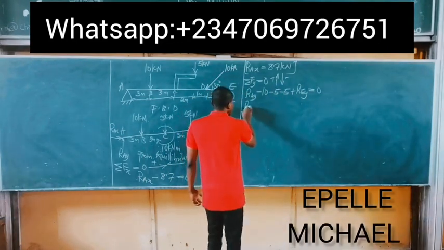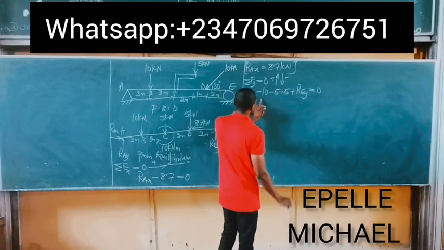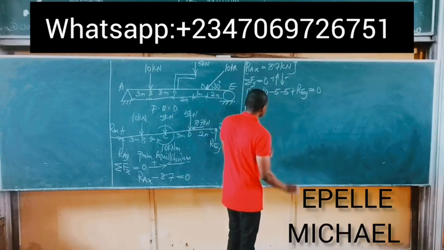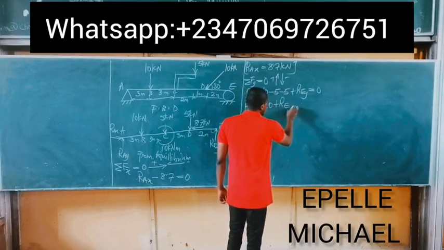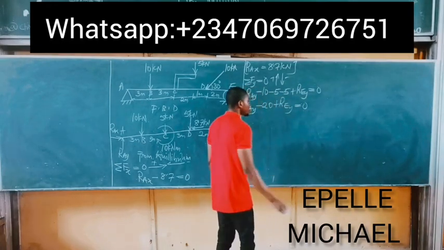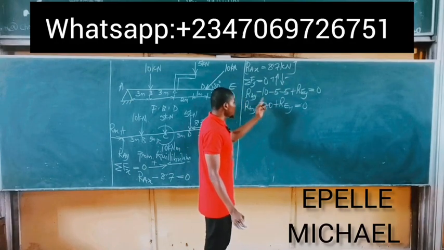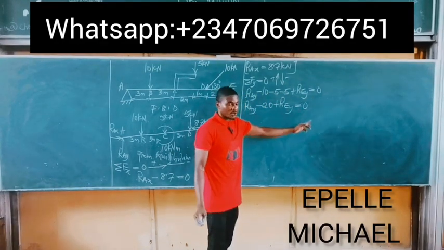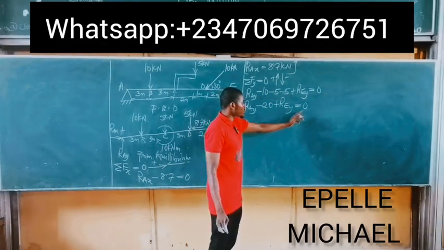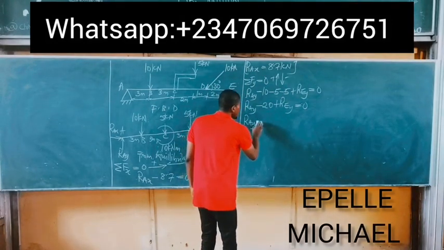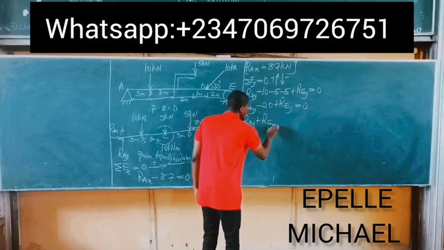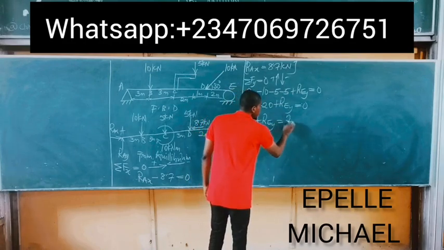So you have RAY minus 10 minus 5 minus 5, which gives minus 20, plus REY, and that's equal to 0. So let's send minus 20 over to this side of the equation. Negative sign crosses the equal sign and becomes positive. I will have RAY plus REY left, and that's equal to 20.